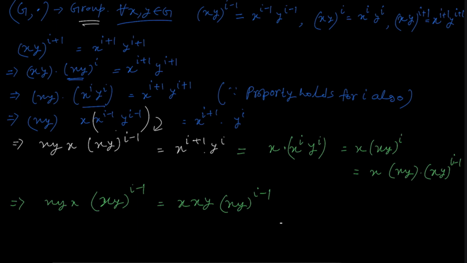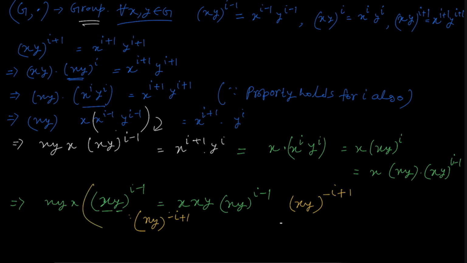Now again x belongs to G, y belongs to G, so their (i-1) times composition will also be in G, and as G is a group, it will have an inverse for this element. So we'll compose (xy) to the power minus (i-1) from both sides.